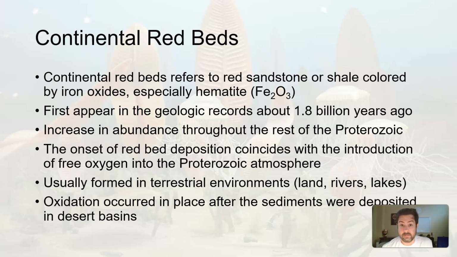When it oxidizes, like rust on a car, if you know what that is, it turns that orangish reddish color. Same thing here. So this hematite now in the land, terrestrial environment, as the iron reacts with the oxygen in the atmosphere, becomes kind of rust, essentially. This hematite, this red rust, iron oxide.